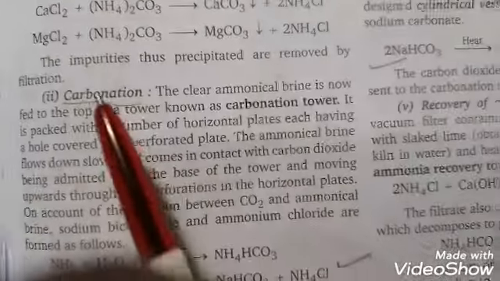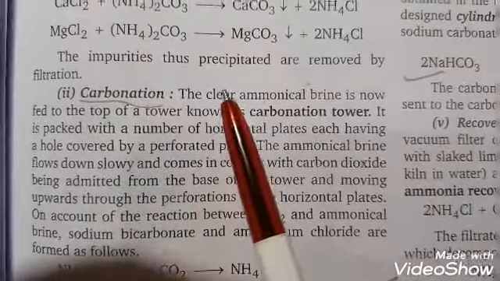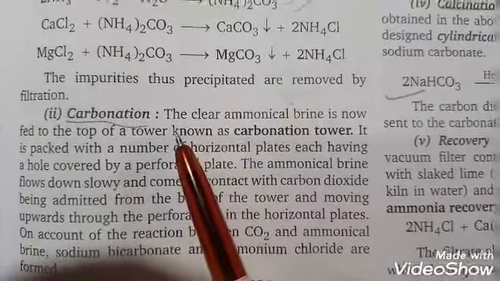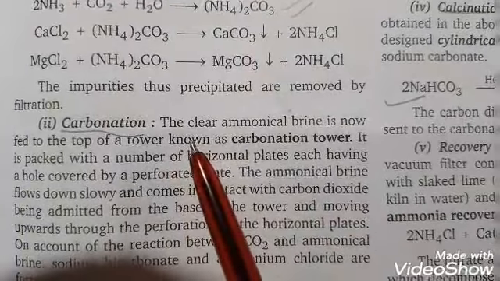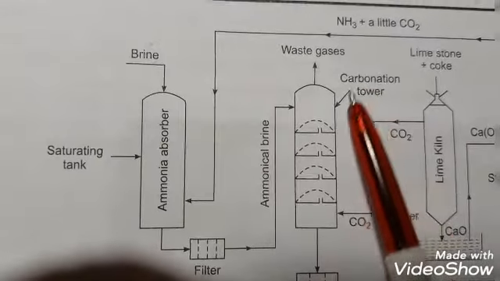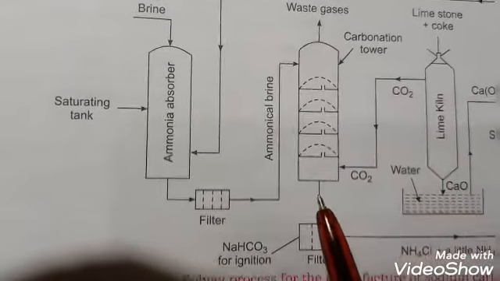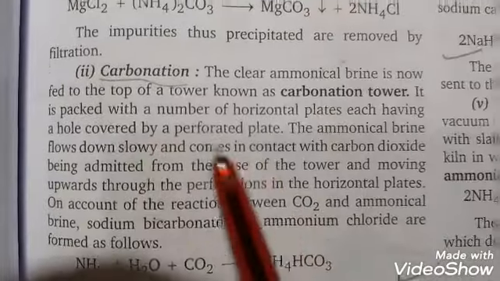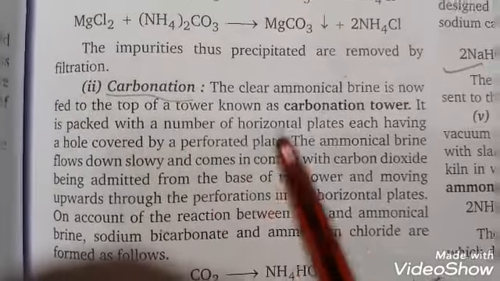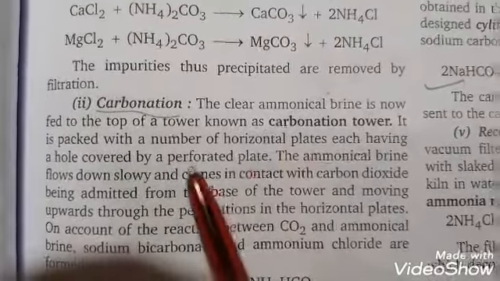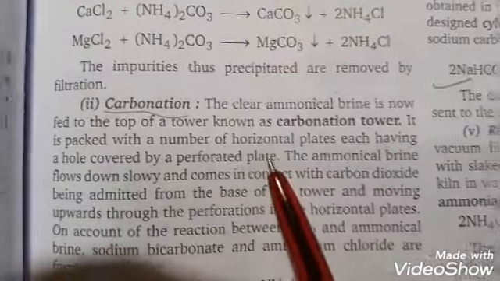Then comes the second step, carbonation. The clear ammoniacal brine is now fed to the top of the tower known as carbonation tower. So here in this diagram, this is the carbonation tower. It is packed with a number of horizontal plates, each having a hole covered by a perforated plate.